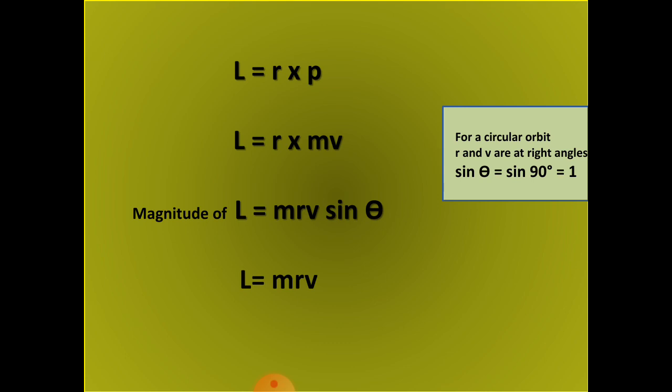is equal to r vector cross p vector. Here you can substitute linear momentum p equal to mv. So angular momentum L vector is equal to r vector cross mv vector. This is equal to m times r vector cross v vector.